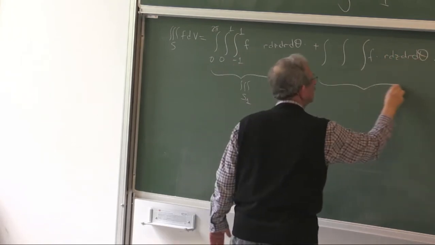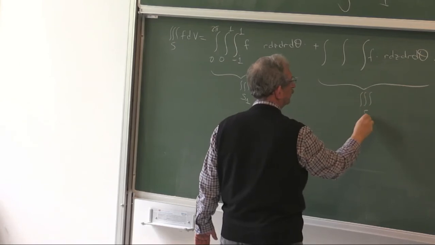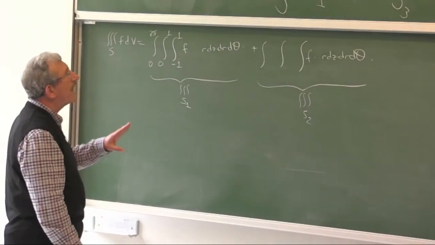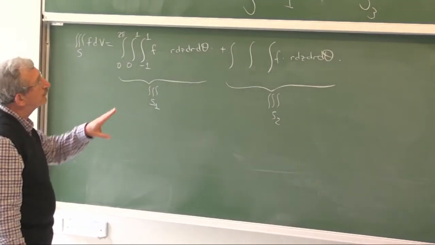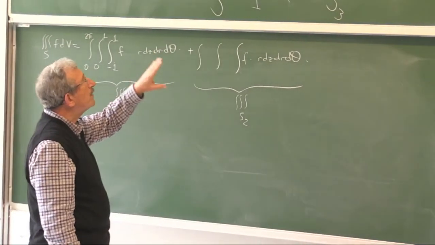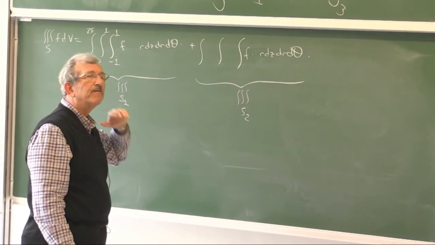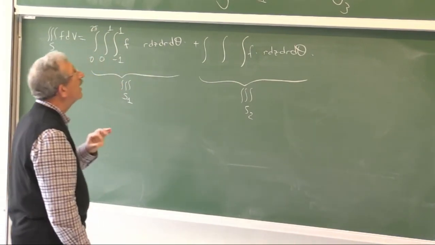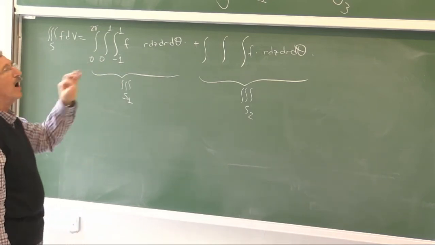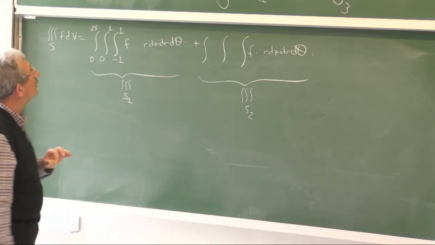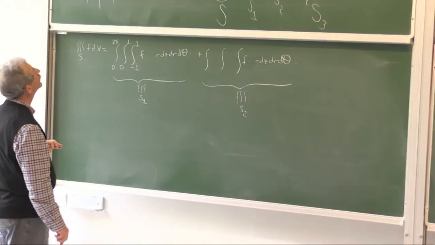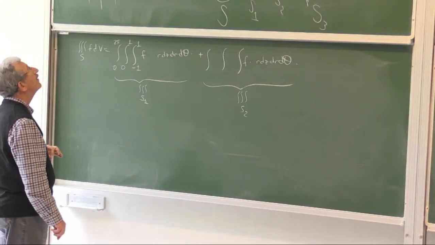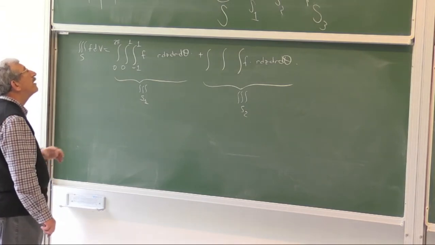now for the S2 part, in S2, I enter from the hyperboloid and leave from z equal to 1. So I start from the hyperboloid, but the upper hyperboloid. If I solve for z in my hyperboloid equation, I have the root of x squared plus y squared minus 1.